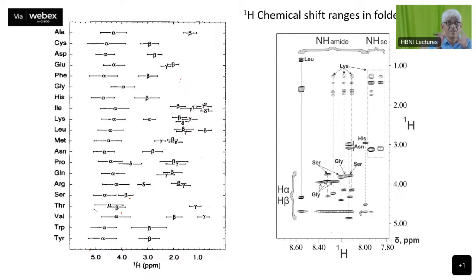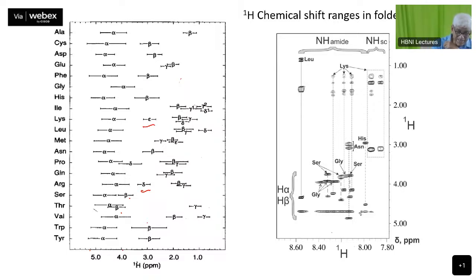Therefore, I said you must remember the structures of the individual amino acids to understand all of these things. The delta proton of arginine is attached to a nitrogen, NH2, so that will appear in this area. Similarly, the epsilon proton of the lysine is again attached to an NH3. The epsilon carbon is attached to an NH3, and therefore this appears also in this area.